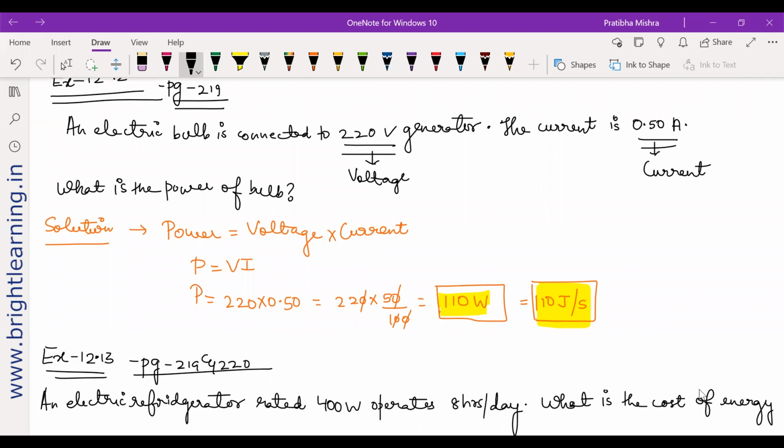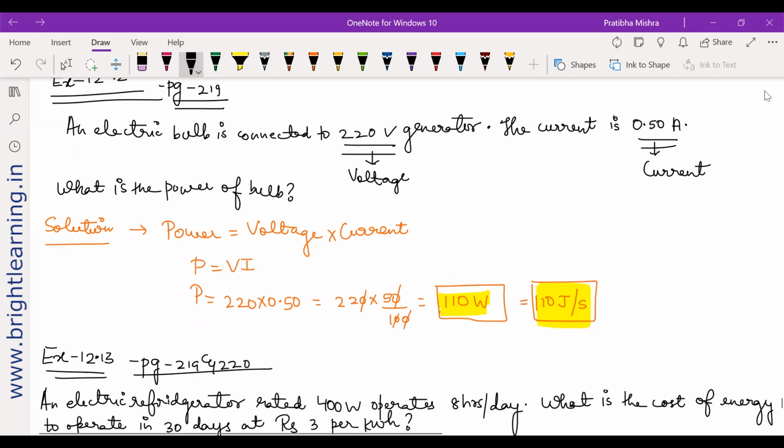They are telling what is the cost of energy to operate for 30 days at a particular rate, which is rupees 3 per kilowatt hour. This is H.